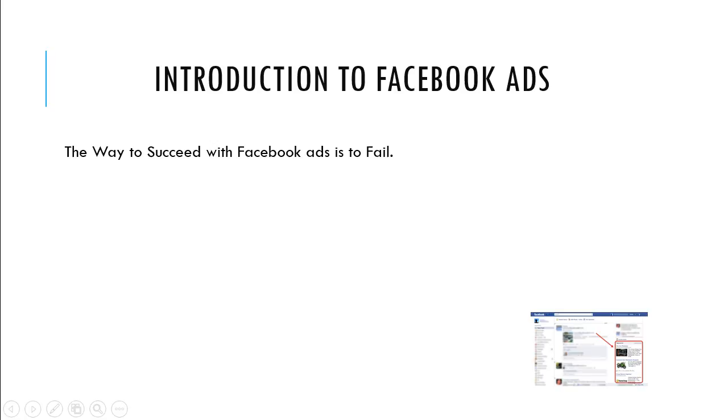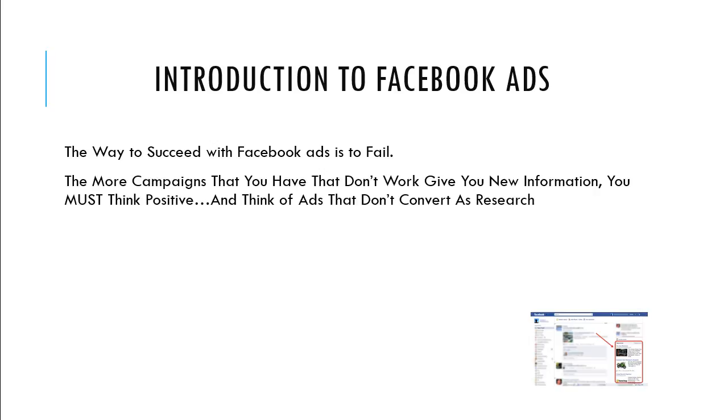The best way to succeed with Facebook ads is to fail, and that might sound a little strange to you. In other words, what we mean is that the more campaigns that you have in the beginning that don't work, they're going to give you new information on what you can do in the future. So you're going to have campaigns in the beginning until you know what works with your audience.